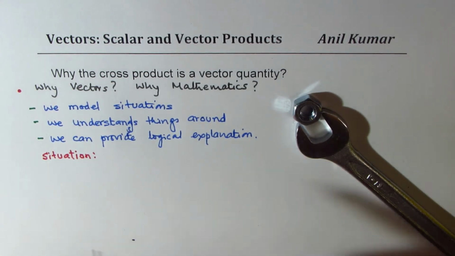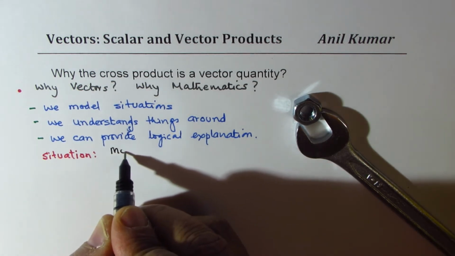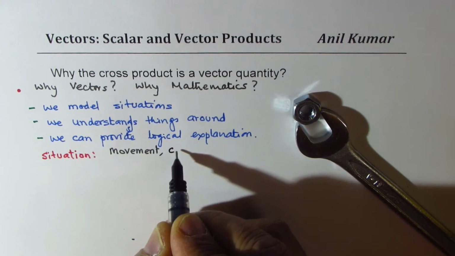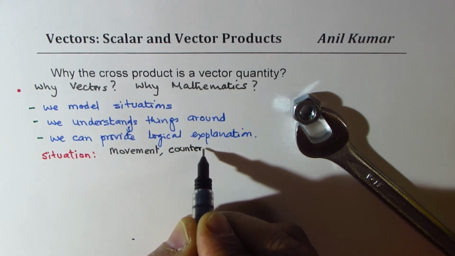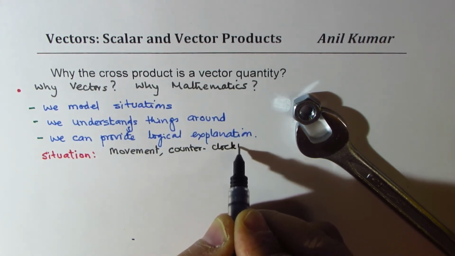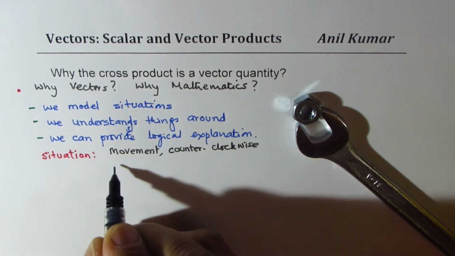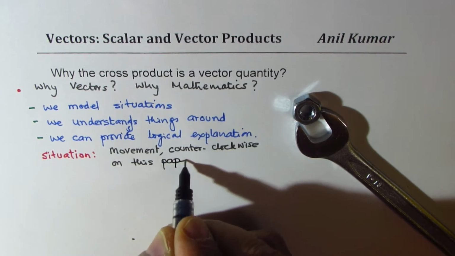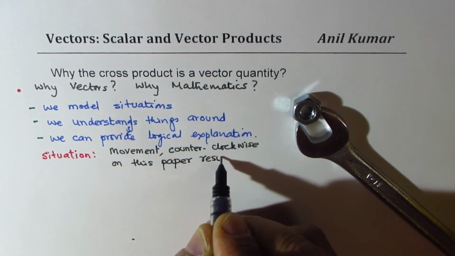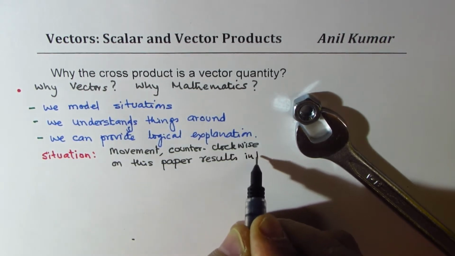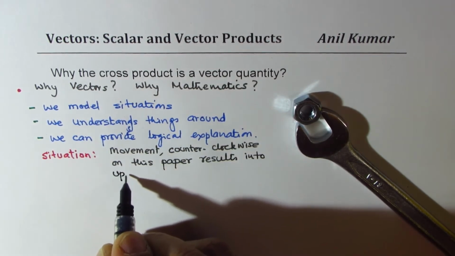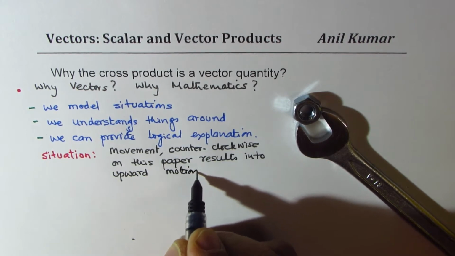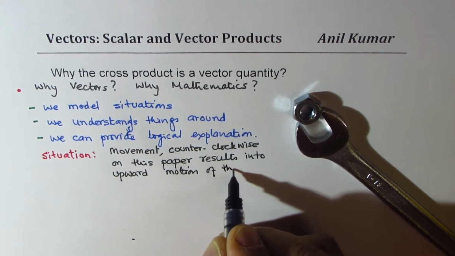Situation is that movement, say counterclockwise, on this paper results into upward motion of the screw.